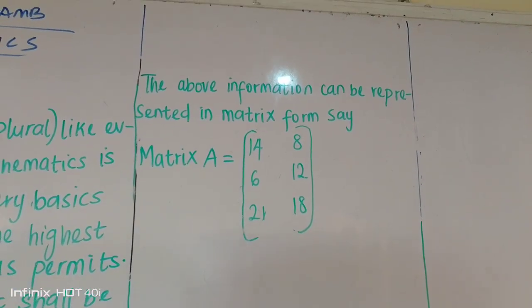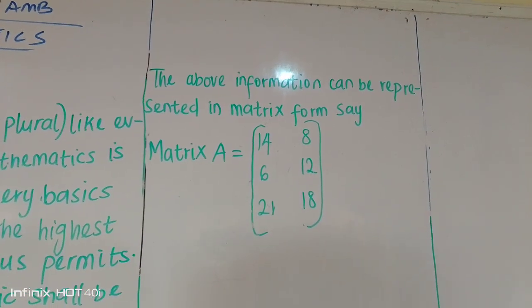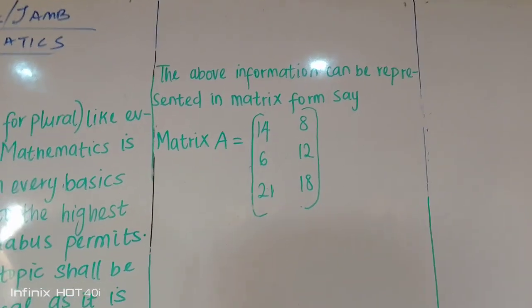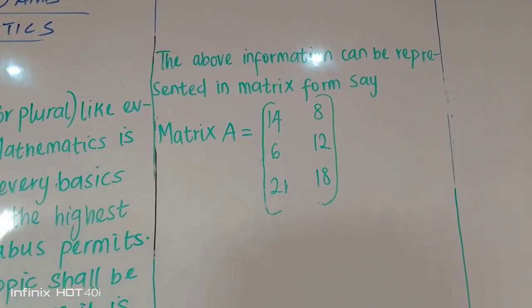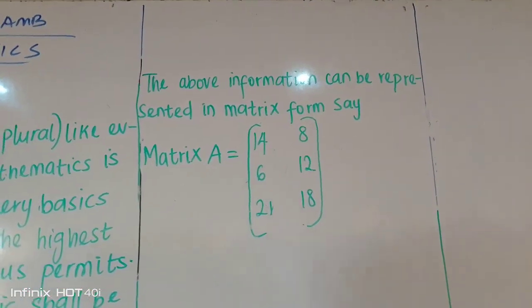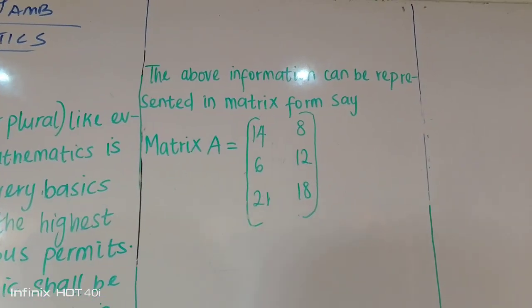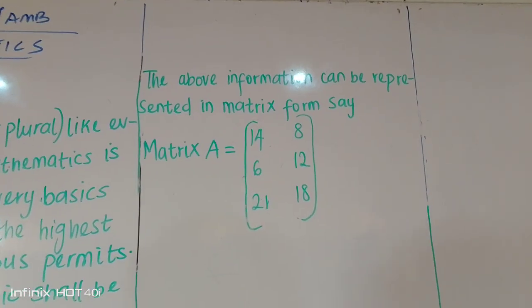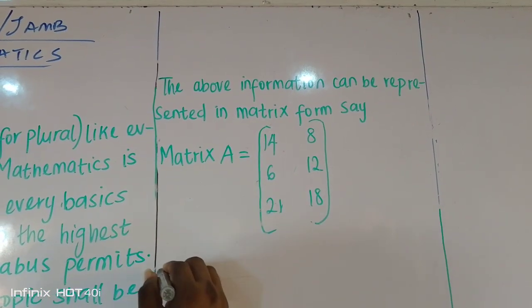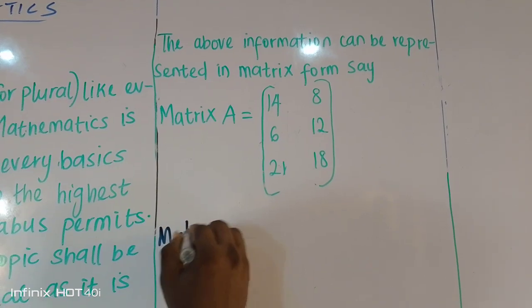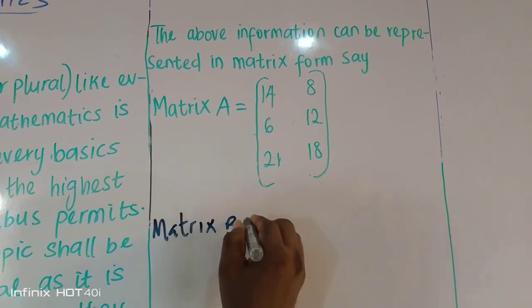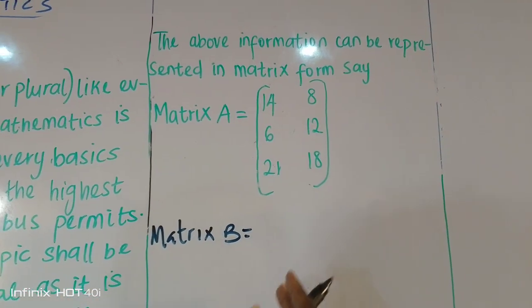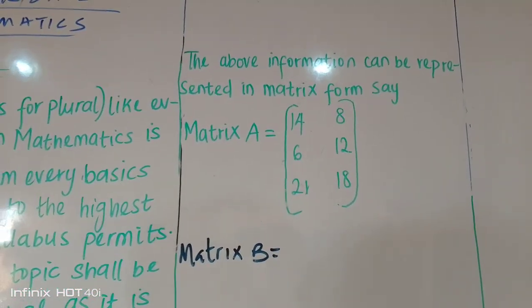The next thing we shall be moving on to is now what matrix is by definition, and will also tell us which part we refer to as rows and which part we refer to as column. So that by the time we start adding matrices up, maybe we call a matrix now matrix B, to be represented as the number of boys in another school.